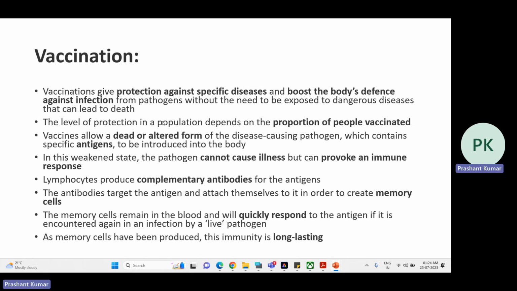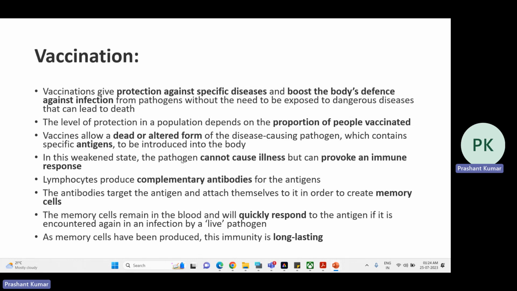The level of protection in the population depends on the proportion of people vaccinated. So a vaccine allows a dead or altered form of the disease-causing pathogen, which contains a specific antigen, to be introduced in the body intentionally, because we want to make your body immune to that disease.